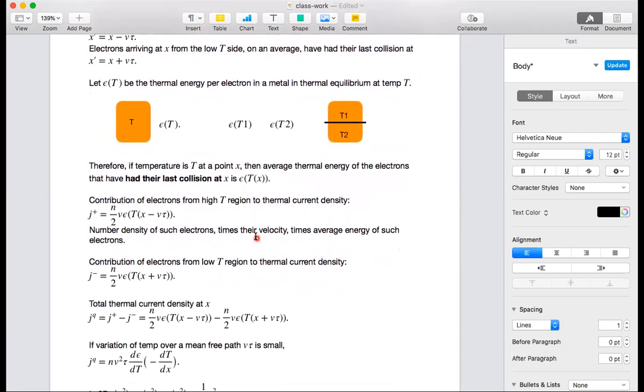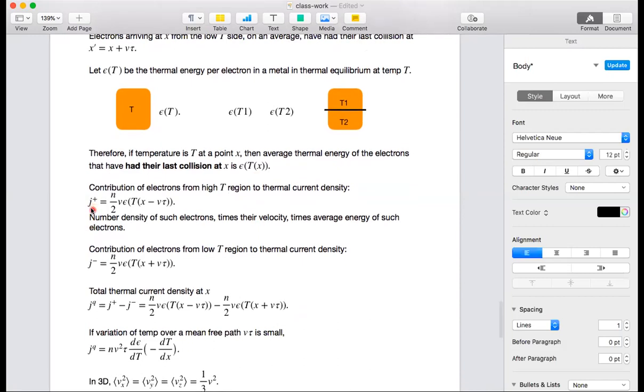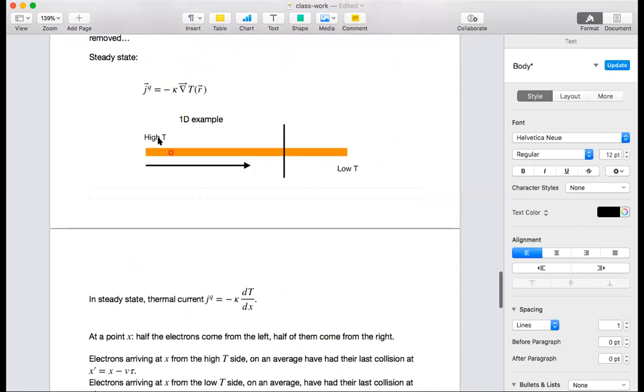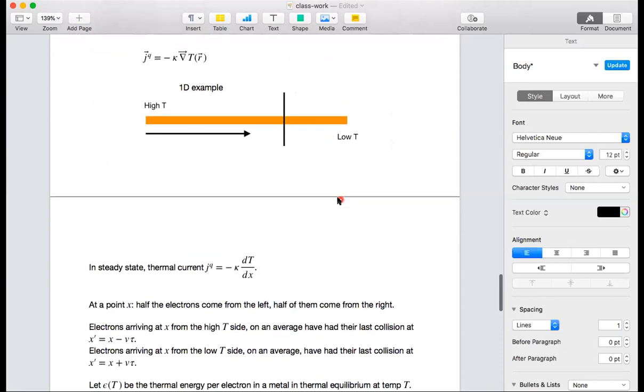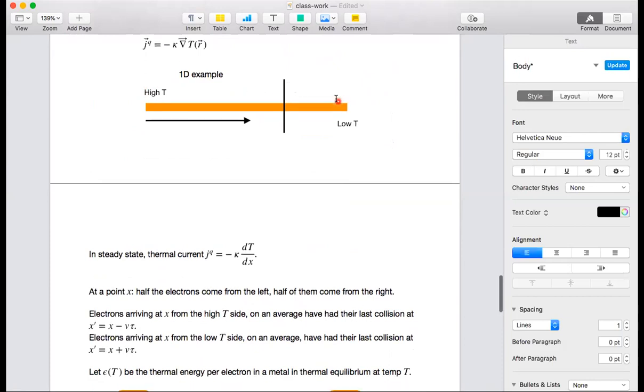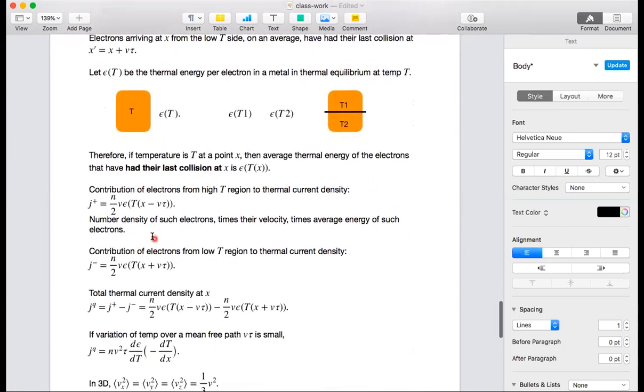Okay, so with these assumptions, what are the contributions of the left-to-right electrons and right-to-left electrons to the thermal current? First, let us look at the electrons moving from left to right. Remember, left was our high temperature region, and the right was the low temperature region. So J plus, I'm calling the thermal current from this side to that side in the positive x direction.